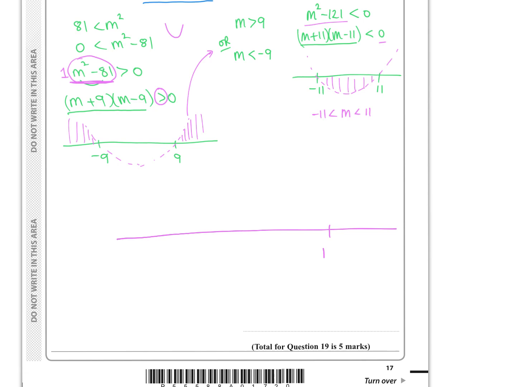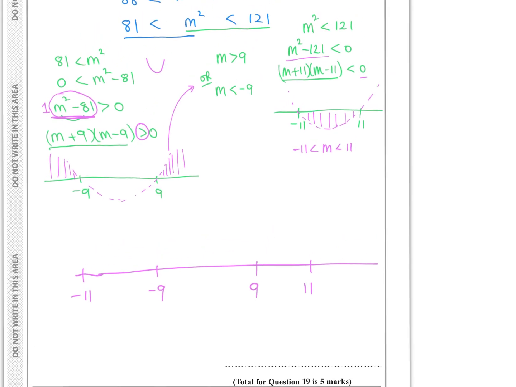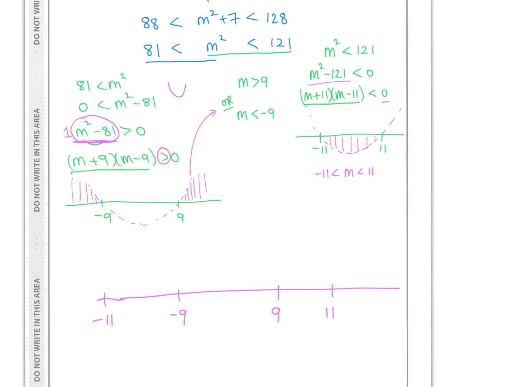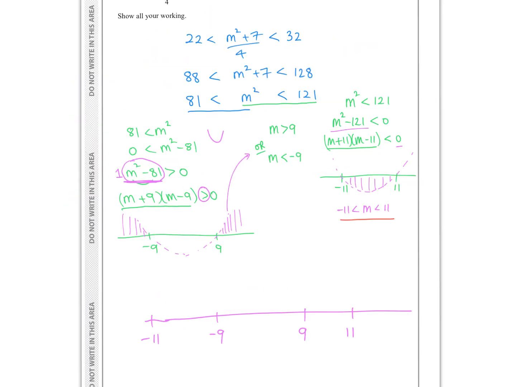So I put 11 here, 9, and then I wanted minus 9, and I wanted minus 11. I don't have to do it to scale as long as it's in some reasonable kind of scale. So if I look at this carefully, I can see that one of the first ones I wanted was m can be, let's move this, it's playing up a little bit.